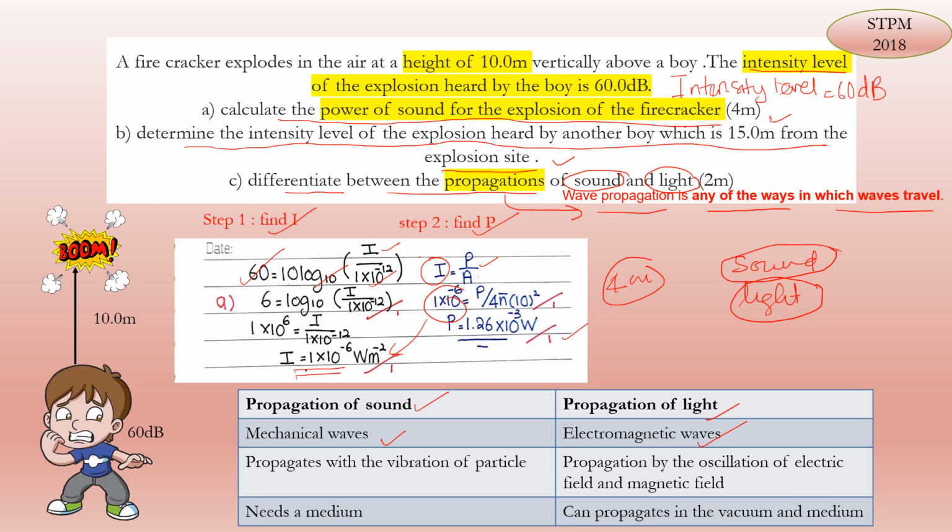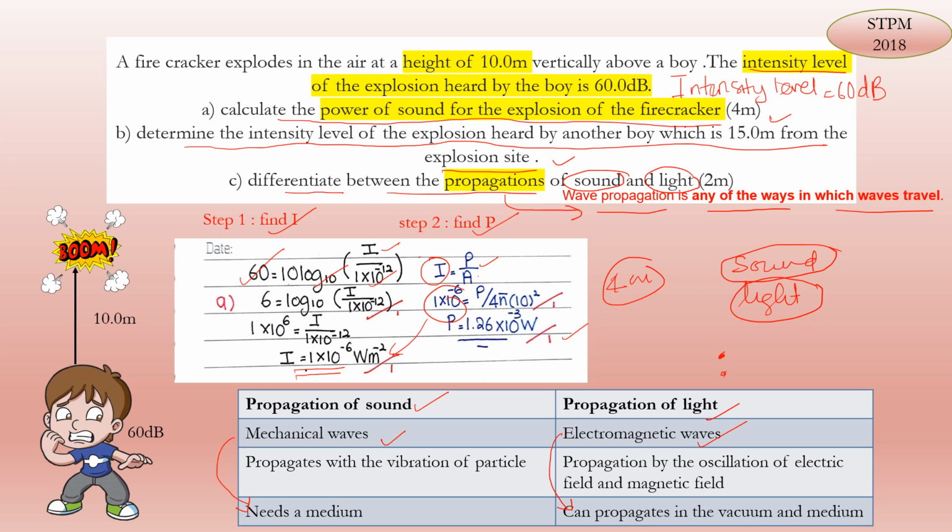Okay, now mechanical wave means it needs a medium, correct, and we know based on our prior knowledge electromagnetic wave can propagate in vacuum and medium. See, there's another difference. Okay, now why does sound need a medium?